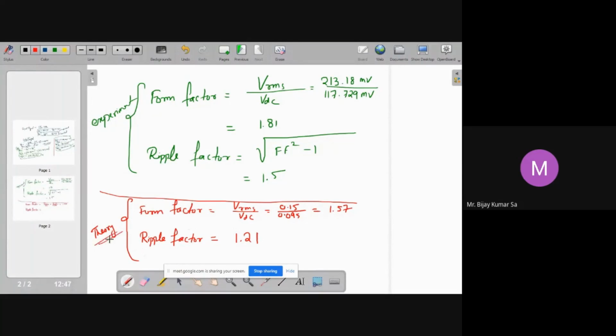From the mathematical modeling or the theory, it gives me the form factor of this much and the ripple factor of this much. But when I implement the circuit for the half wave rectifier experimentally, I get an output whose form factor is 1.81 and whose ripple factor is 1.5.